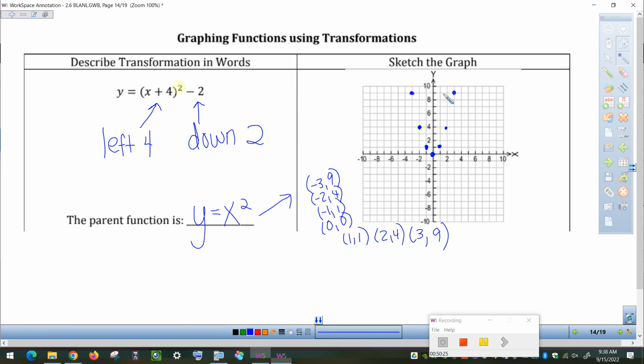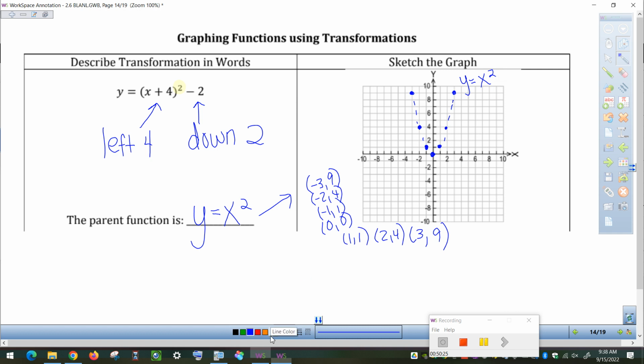I'm not going to actually connect them here because that's not my final answer graph. Something else though that I've done in the past is sometimes I'll do a dotted line just to show, okay, that's the original, not the final answer. I'll switch to a solid line for the transformed graph, or I'll switch colors if I have a different color.